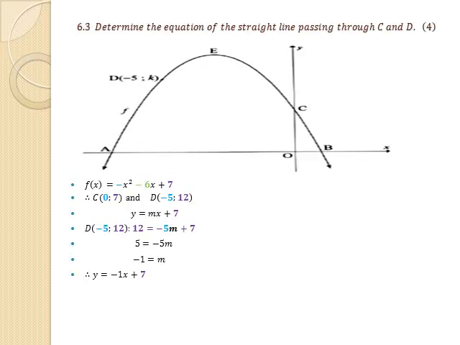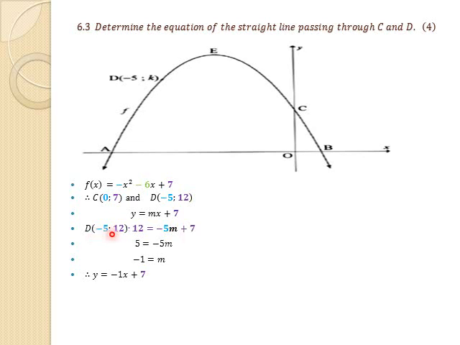Right, and then the last question here, determine the equation of the straight line passing through C and D. From my equation there, you see the y-intercept is where x is 0, so I'm only left with 7. So C there is (0, 7), and T is (-5, 12). So I want a straight line going through those two. y equals mx plus c, where c is my c value, which is 7, so y equals mx plus 7.